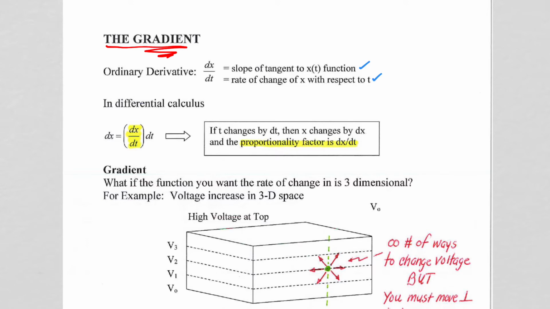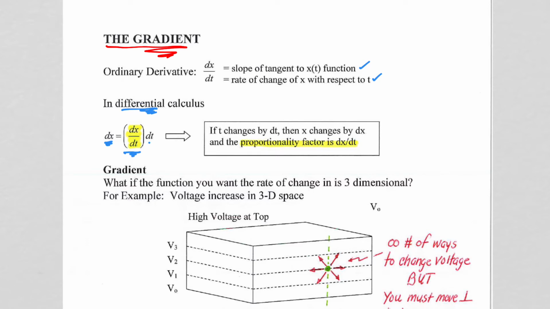But the other thing you probably have not been exposed to in calculus is this notion of differential calculus, and the fact that we can take the dx and the dt and separate them out as really these differential elements. And when we do that, we can see by chain rule, by cancellation, that dx equals this term, which we have bracketed, dx dt, times dt.